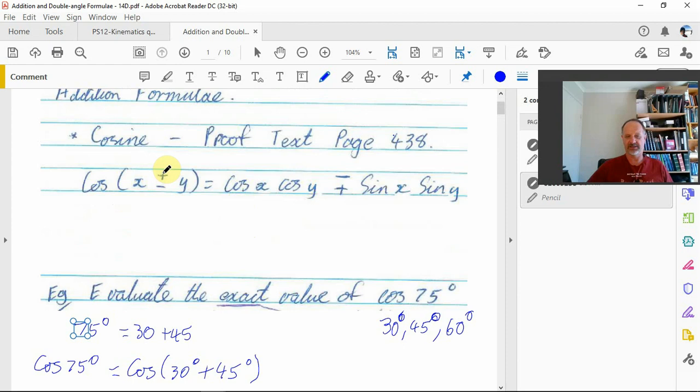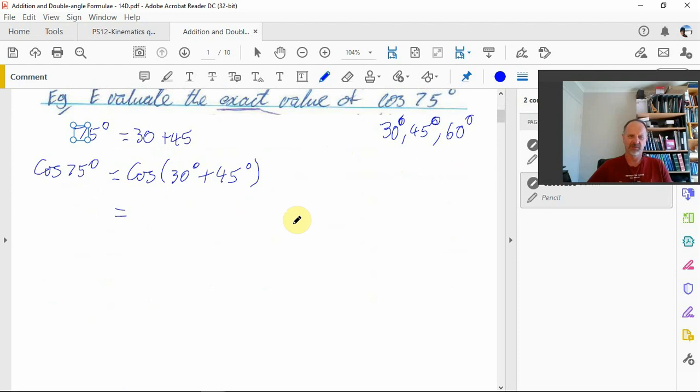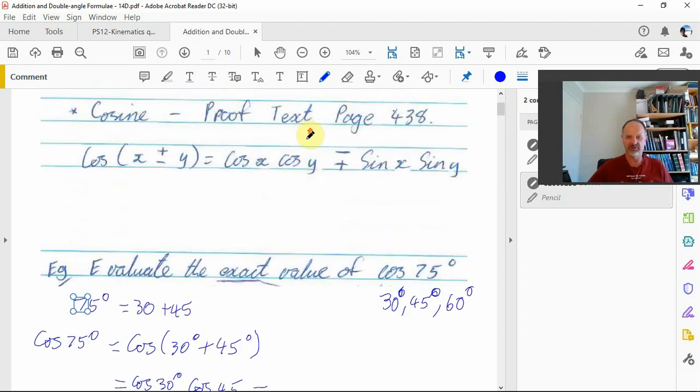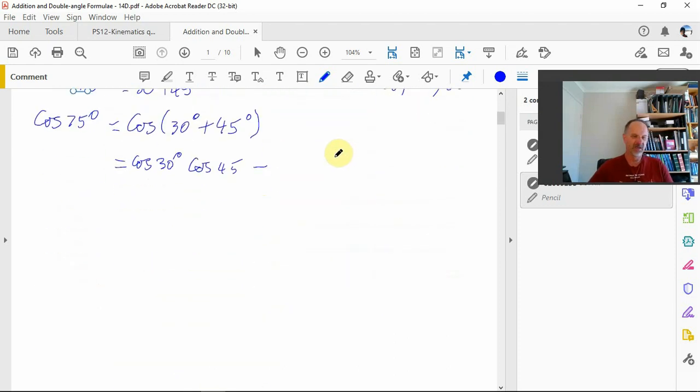So there it is, x plus y, so 30 plus 45: cos x cos y minus sine x sine y. So it's cos 30, cos 45, minus, pretty sure it's minus, double check, yes, minus on top, sine 30, sine 45.